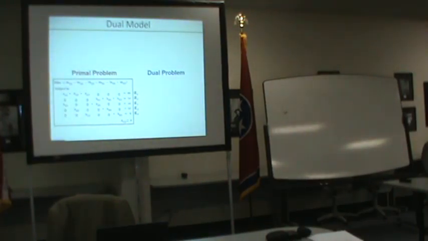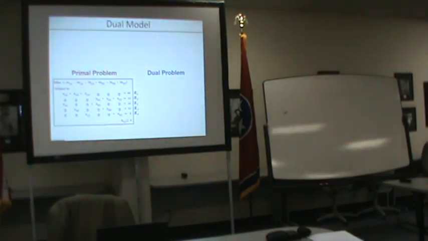And now I'm going to assume the dual values for the row constraints. The top 2 are row constraints, the bottom 3 are column constraints. You agree with that? You have 2 row constraints and 3 column constraints.